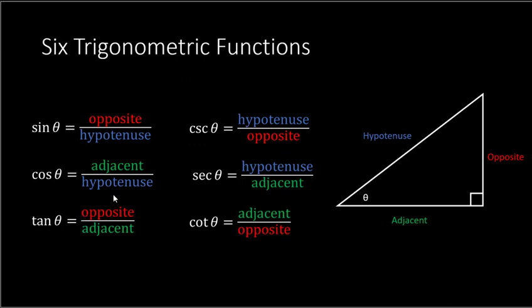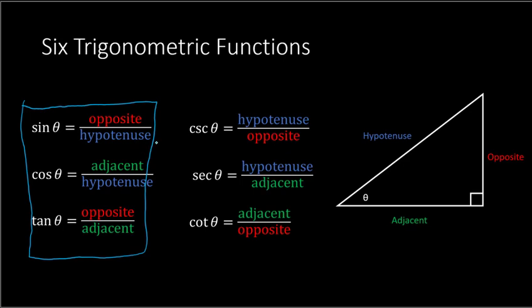So make sure you have these memorized as well. If you have these memorized over here, and then just realize these are the inverses, it's going to help you to remember what these ones are in this column on this side. And tangent pairs up with cotangent. That's kind of easy to remember. Personally, the way I remember which ones pair up with sine and cosine is it's like the opposites.